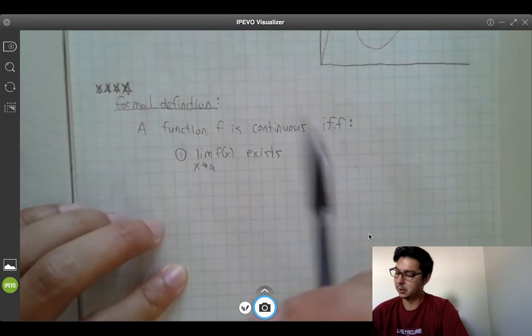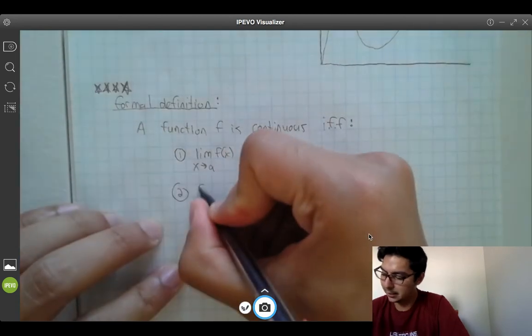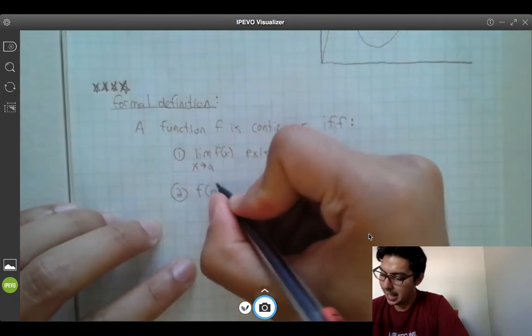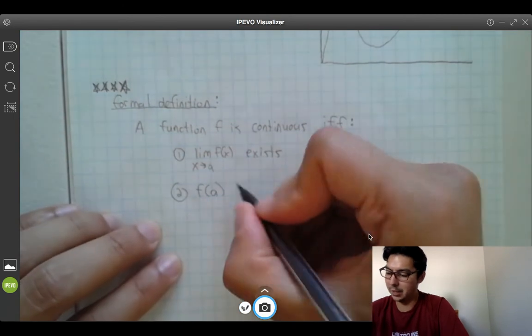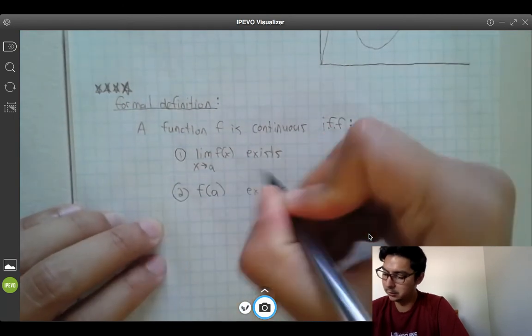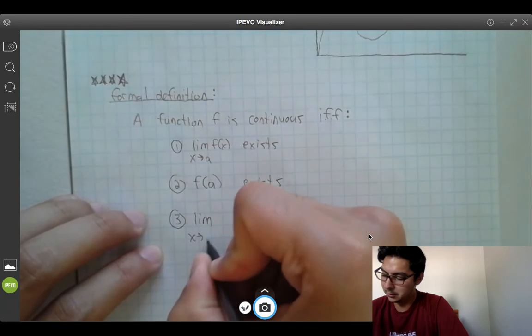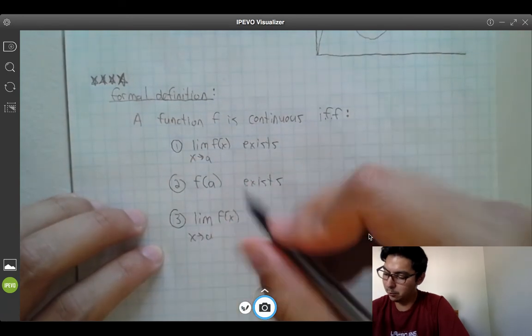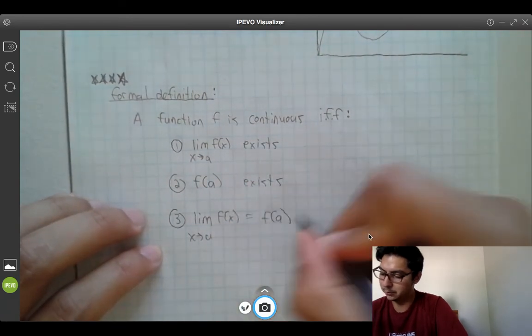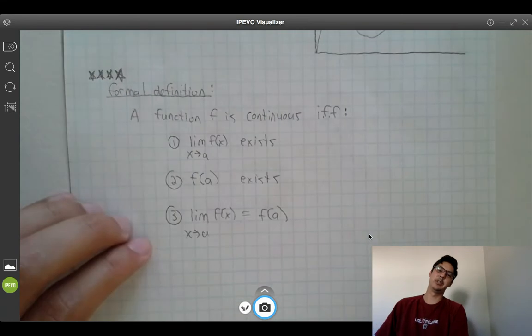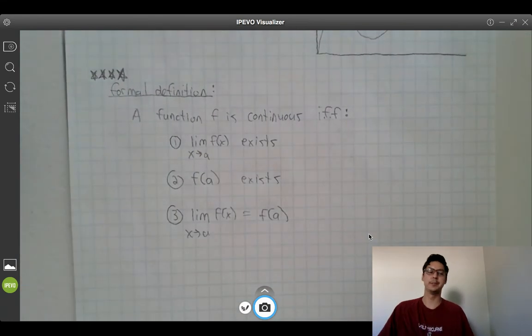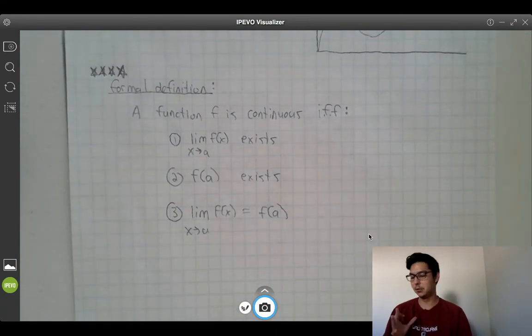Second one is if the function at that value exists. And the third one is if the limit is equal to that value. And that is the formal definition of continuous. And that is huge.